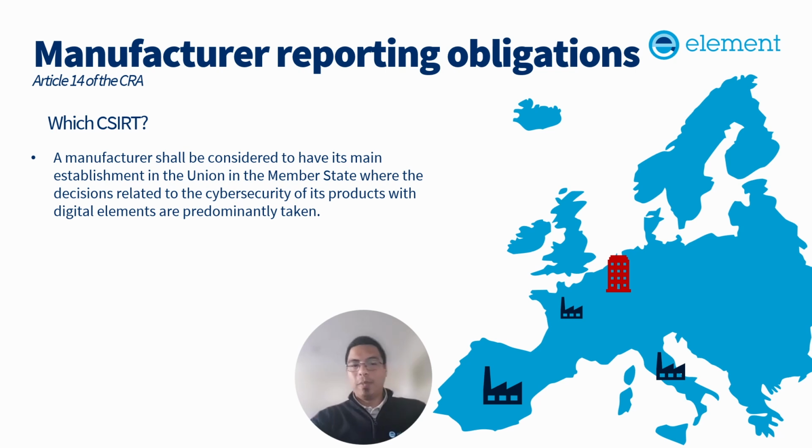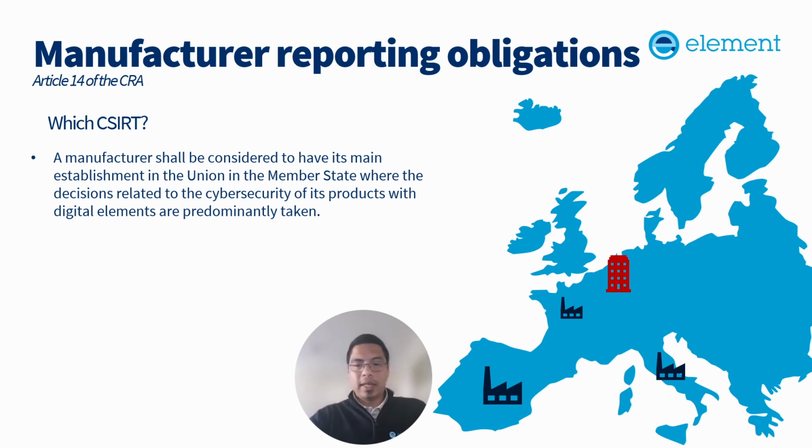That still leaves the question, which CSIRT do you report your incidents and exploited vulnerabilities to? Now, if the manufacturer is established in the EU, this is relatively straightforward, and the first, primary way of determining which member state's CSIRT the report is made to is the member state where the manufacturer has a presence, and that establishment is where the cybersecurity of its products or the decisions related to the cybersecurity of its products are predominantly taken.